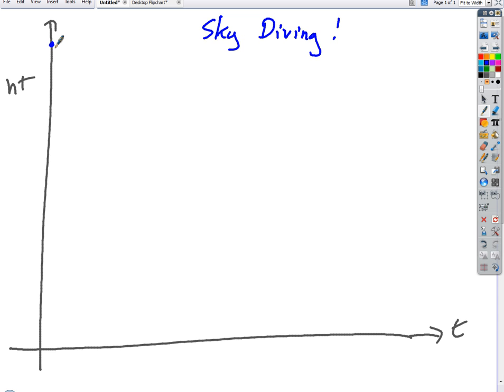Now, there's some good physics going on here. If we're graphing height versus time, what's the definition of speed? How do we define speed in physics? Speed is what divided by what? Distance divided by time. So really the slope of whatever we're drawing is going to correspond to the speed.